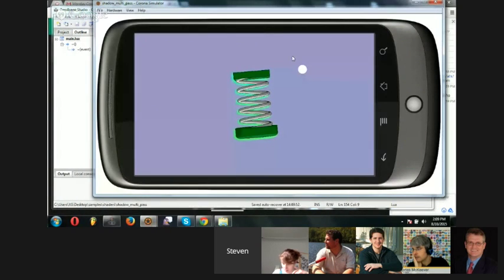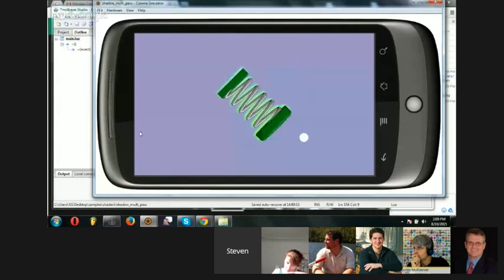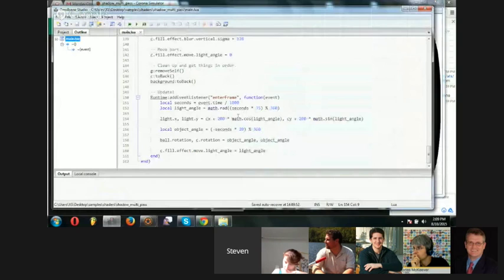The only thing that's doing is moving the light. So it's just a circle equation, basically. So center x, center y, radius, and then these are the two parts of the angle. So you basically just look up the equation for a circle.